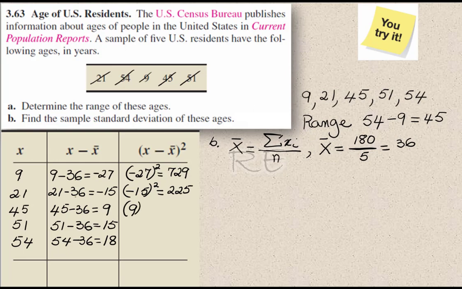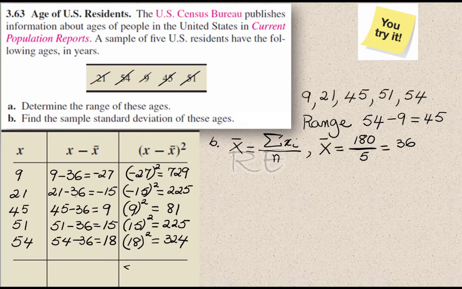Positive 9 squared, which is equal to 81. Positive 15 squared, 225. And the last one is 18 squared, which is 324.